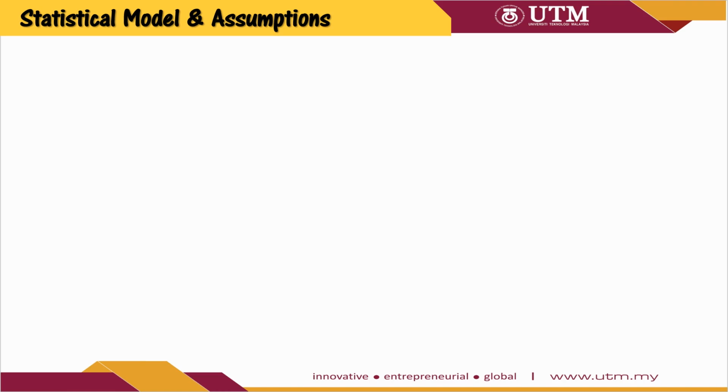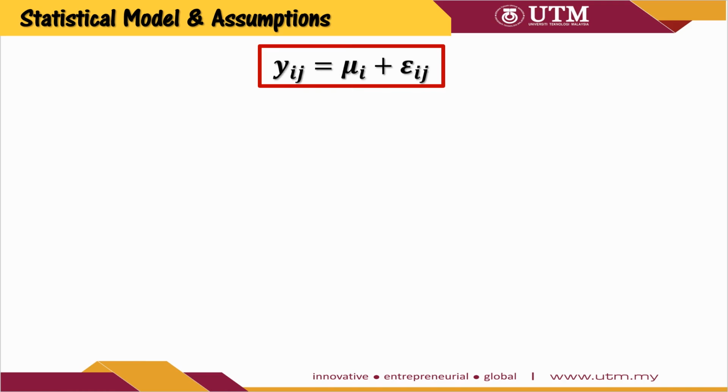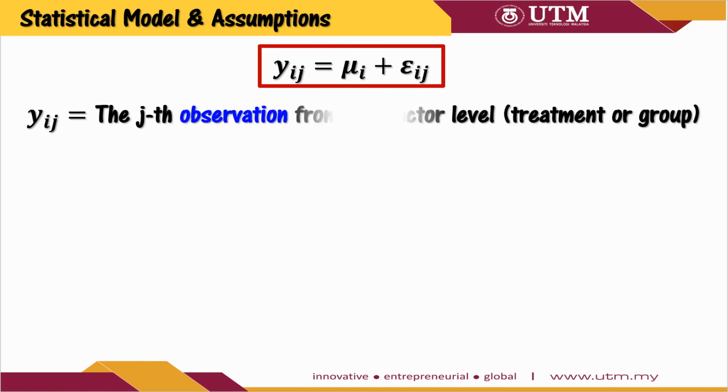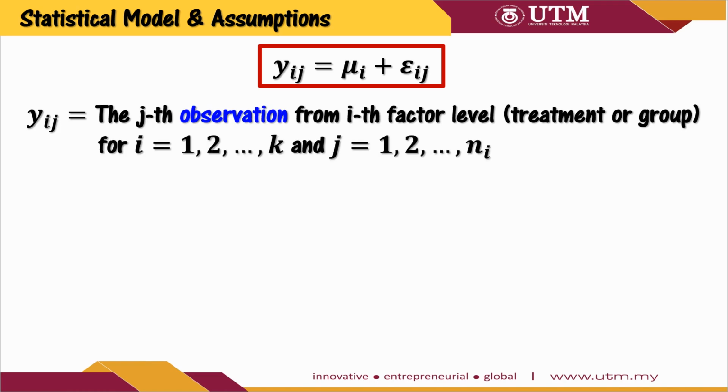The observed values denoted by Yij can be modeled or represented by this equation where Yij is equal to mu i plus epsilon ij, where, as you know from the previous slide, Yij is the jth observation from the ith factor level, or treatment, or simply from the ith group, where i goes from 1 to k and j goes from 1 to the ith sample size ni.